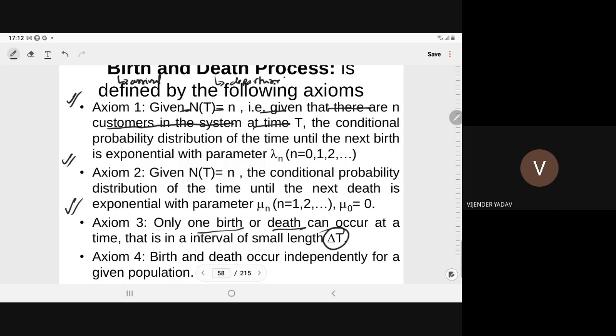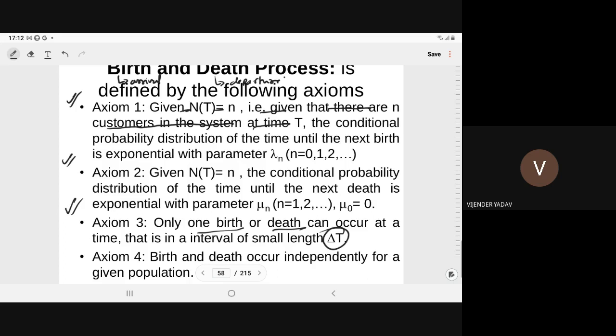In the queuing system, we have either the arrival of a customer or the departure of a customer, so we nomenclate them as birth and death of the customer. That's why its name is the birth and death process.